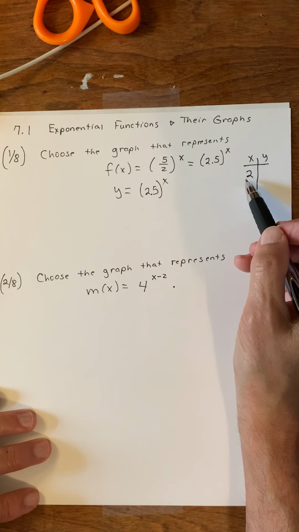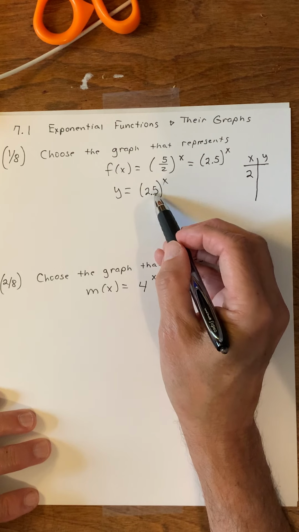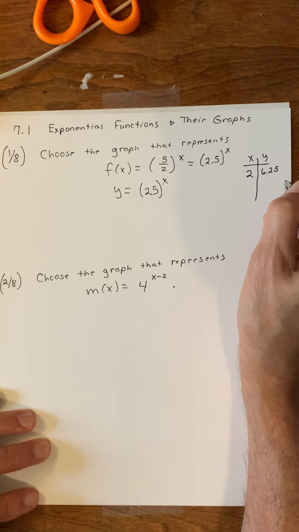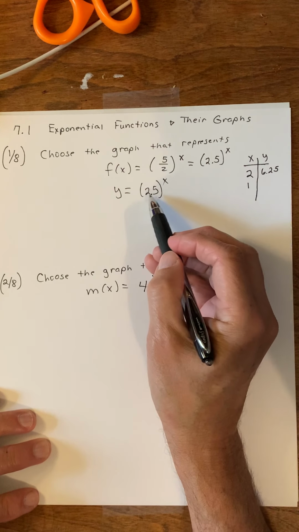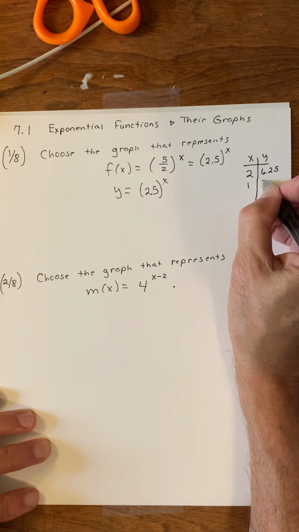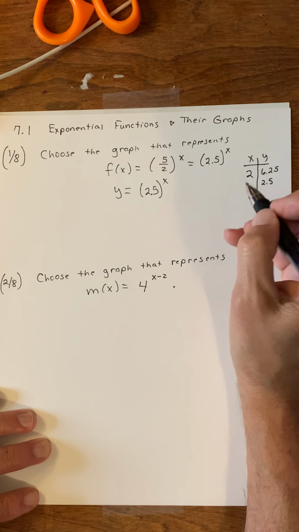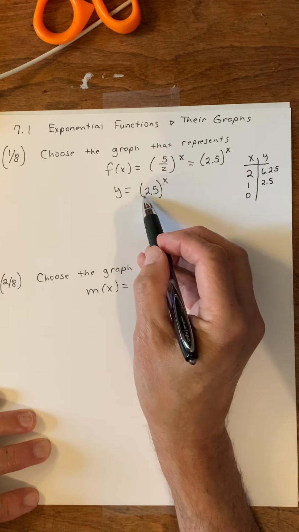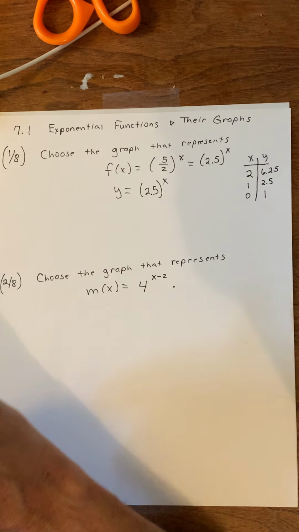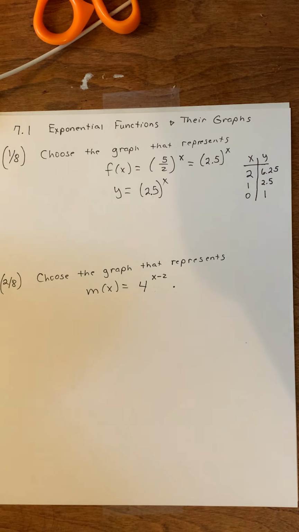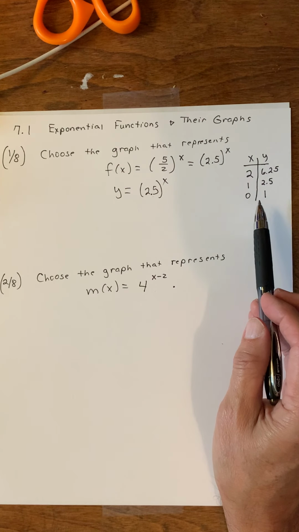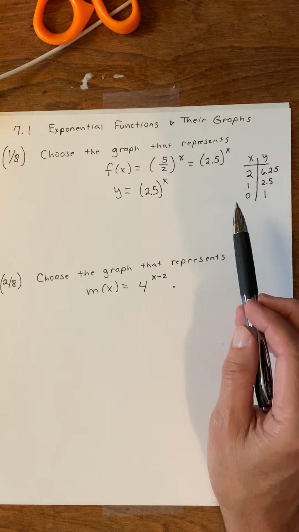You're probably going to have to put this in your calculator. 2.5 squared turns out to be 6.25. Let's try 1. 2.5 to the first power turns out to be 2.5. And let's try one more, 0. 2.5 to the 0 power, of course, is going to be 1. So you are looking for a graph that basically has this look and goes through these points. That's the one you're going to choose.